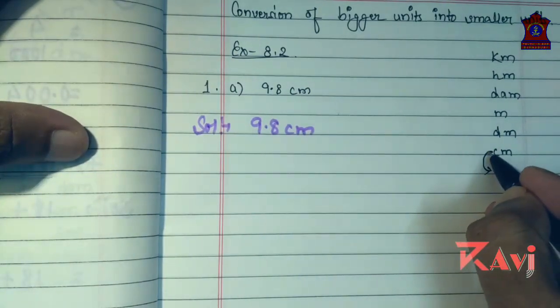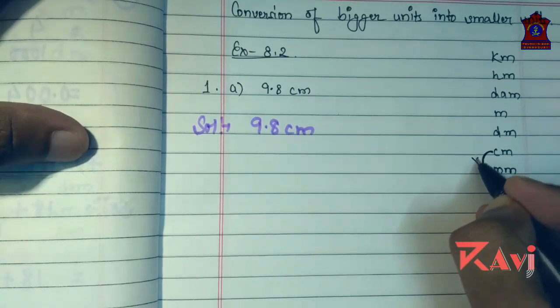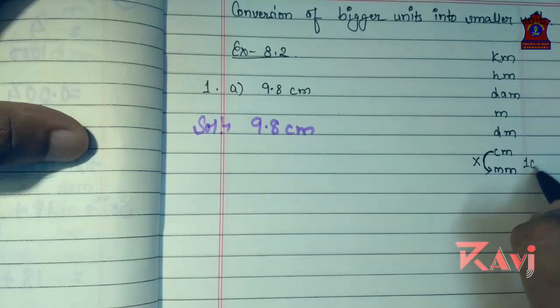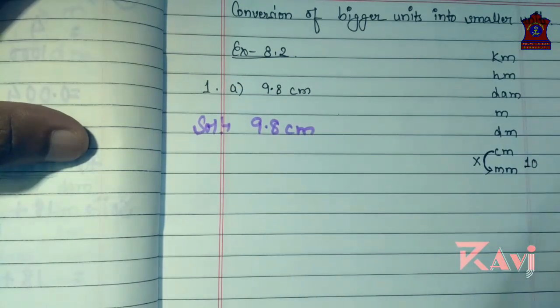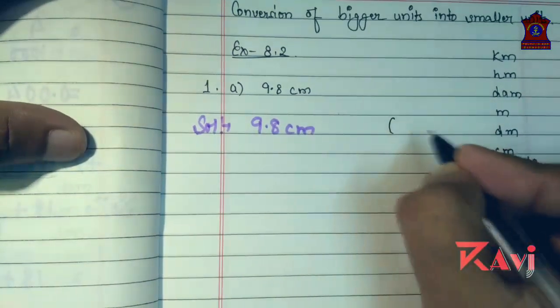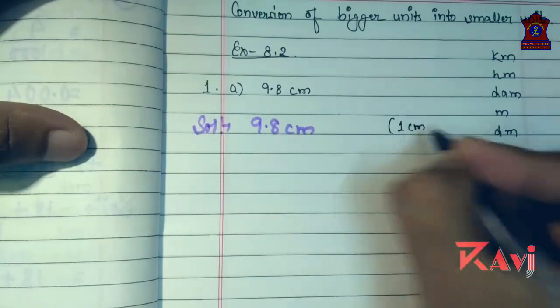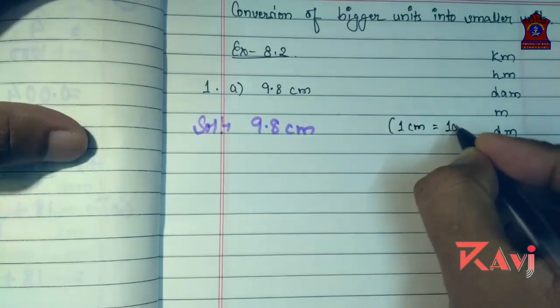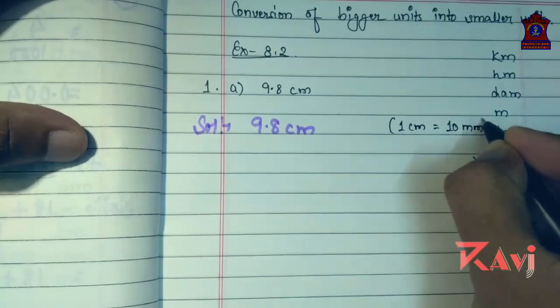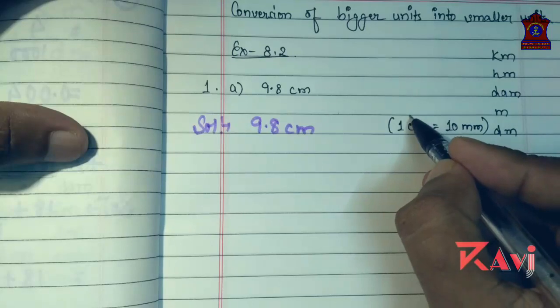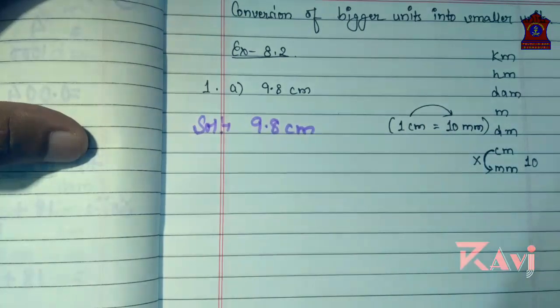It means bigger to smaller we are coming. What we need to do? Multiply, and the difference is of 10. So you can write in bracket beside the question: 1 centimeter equals 10 millimeter. We are converting from centimeter to millimeter.